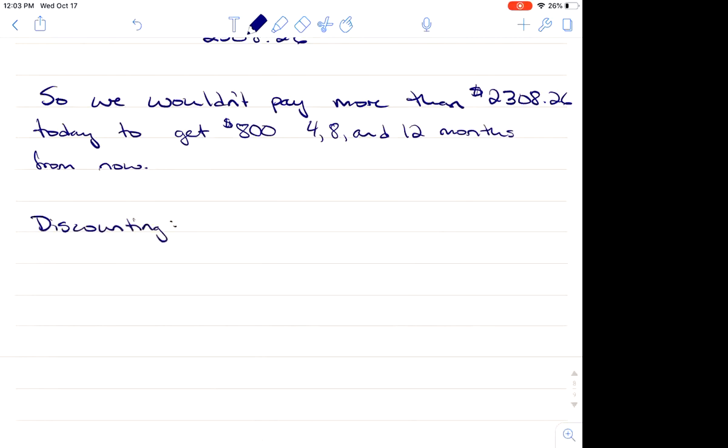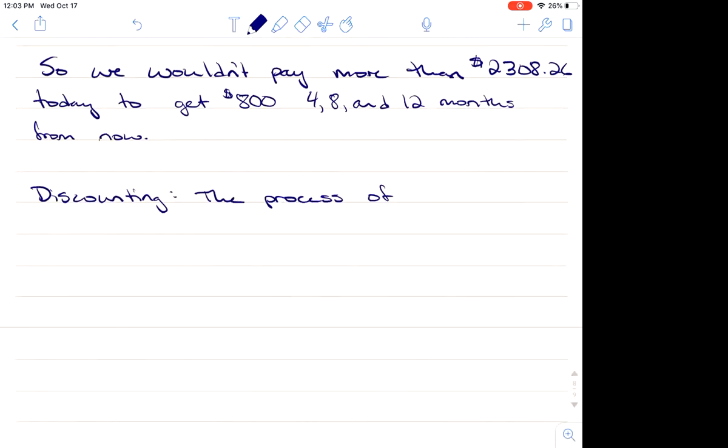So the discounting is the process of calculating a payment's present value.